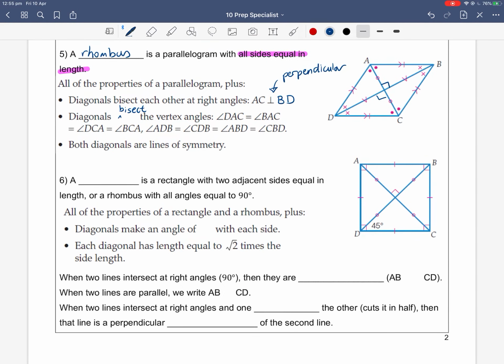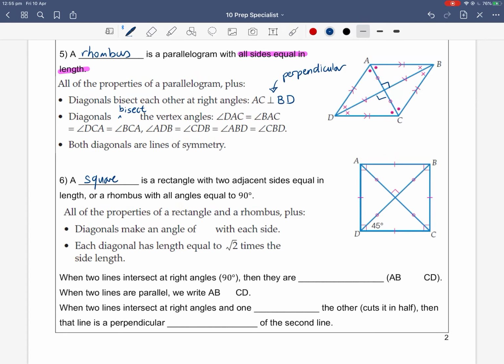And lastly, a special case is a square. So a square is a special rectangle where two adjacent sides are equal in length, or in other words, it's a special case of a rhombus where all your corner angles are 90 degrees. So everything that applies for a rectangle and a rhombus also applies to a square.